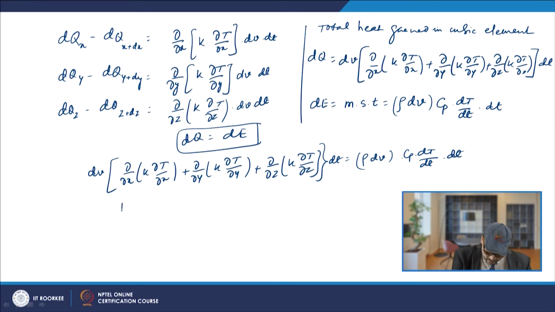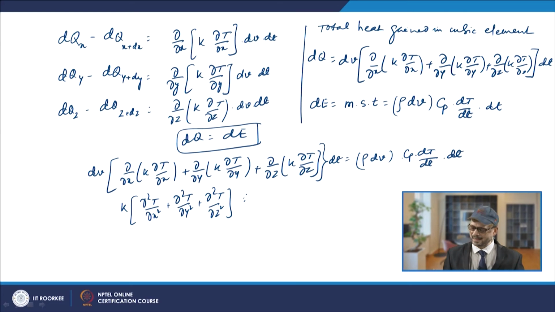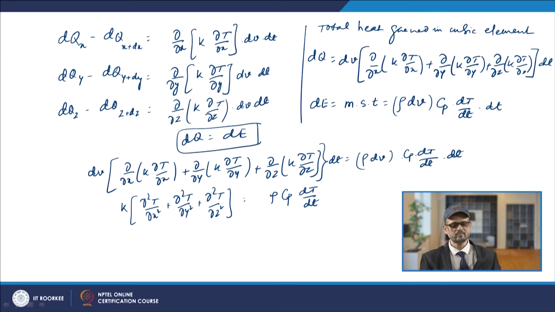So your equation will come as k into dou square T by dou x square plus dou square T by dou y square plus dou square T by dou z square, equal to rho Cp times dT by dt, and the dV term will cancel.